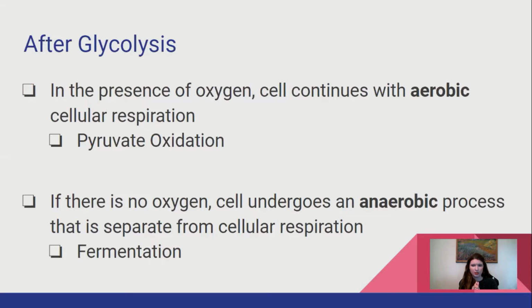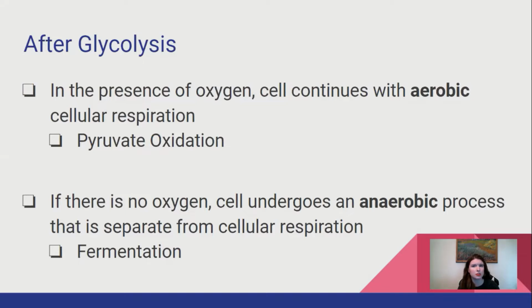Glycolysis can happen without oxygen, right? You didn't see any oxygen anywhere in that equation. Glycolysis is happening in the cytosol of the cell, regardless of whether the cell is getting oxygen from the bloodstream, regardless of whether it's even in an oxygen-containing environment. Glycolysis can get the cell energy pretty much no matter what.